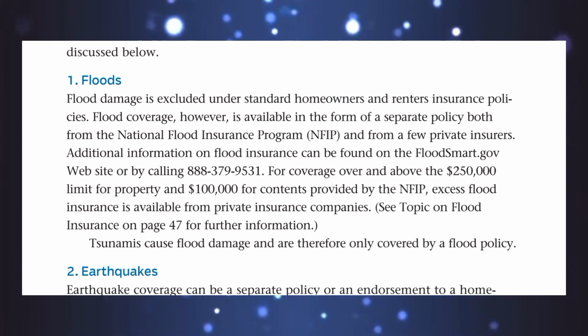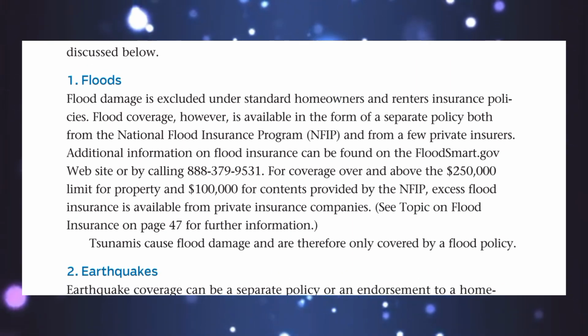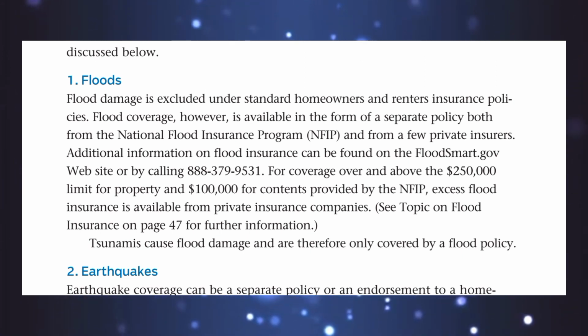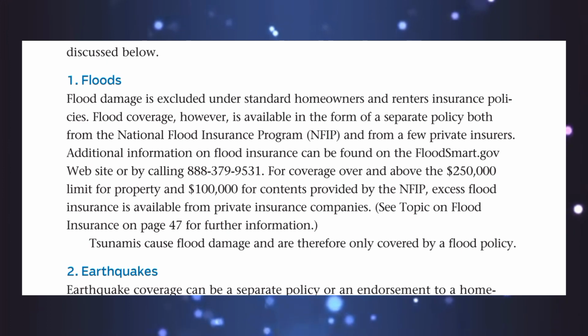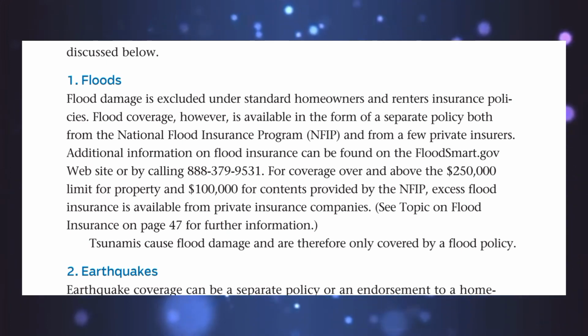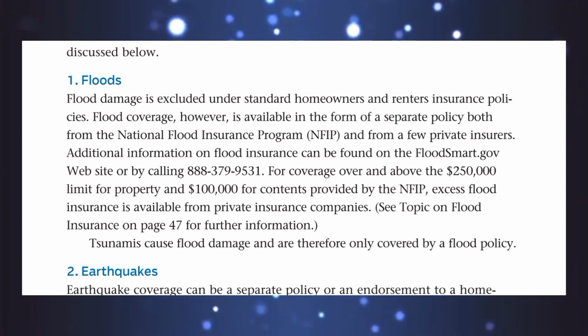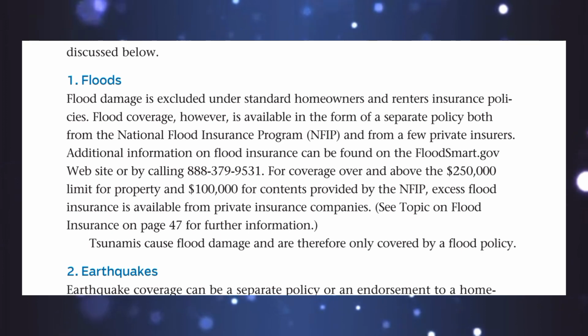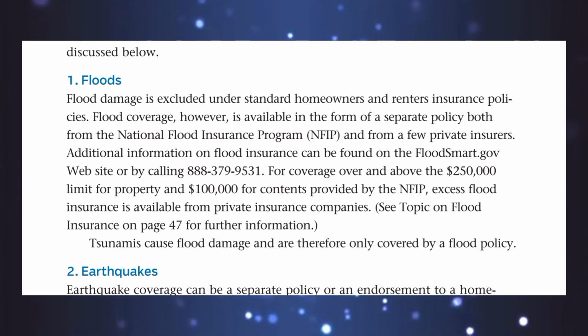Flood damage is excluded under standard homeowners and renters insurance policies. Flood coverage, however, is available in the form of a separate policy both from the National Flood Insurance Program (NFIP) and from a few private insurers.